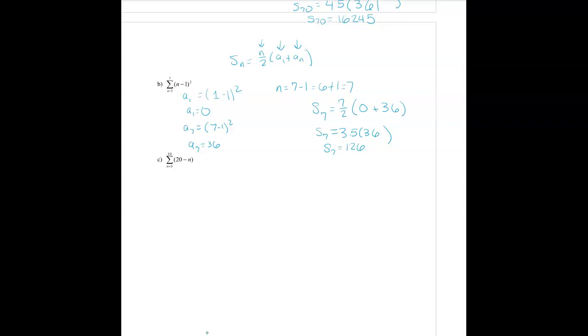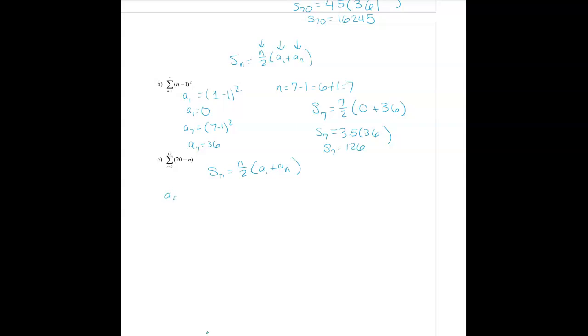And then the last one, I've got to find S sub n is equal to n over 2 times a sub 1 plus a sub n. We notice over here that my lower limit is 5, so the first term that I'm going to be finding is a sub 5.